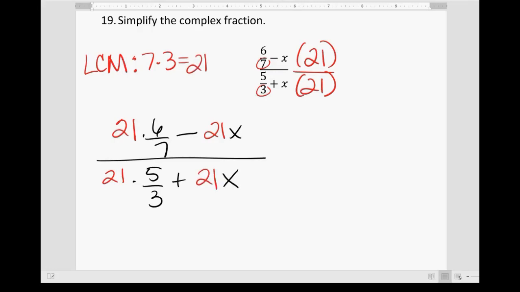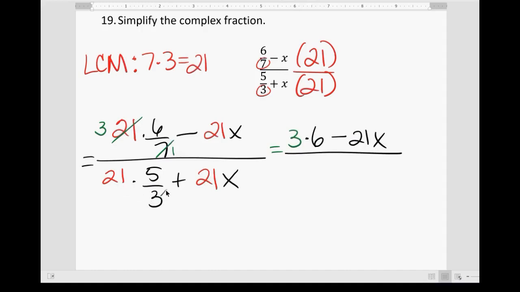Let's see what happens. So we've got 21 over 7. 7 divides into both of these. 7 divides into 21 3 times and divides into 7 1 time. So I would have 3 times 6 minus 21x at the top.